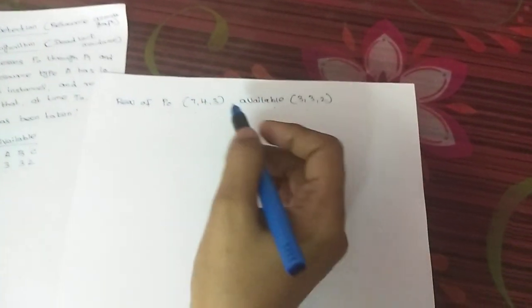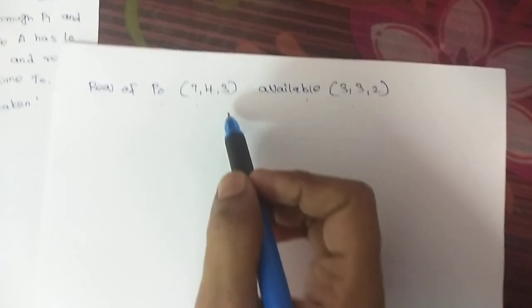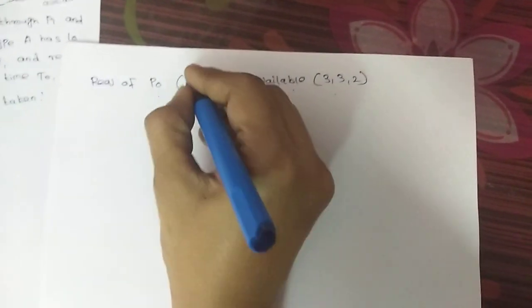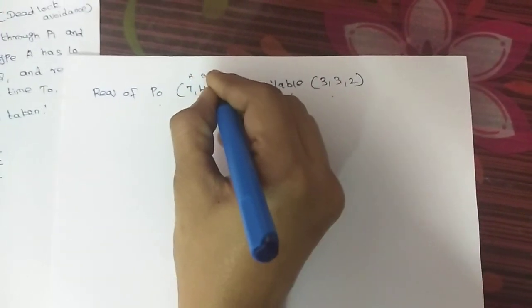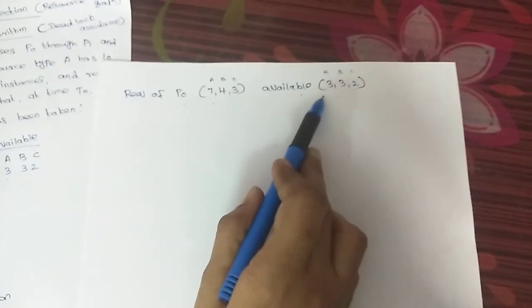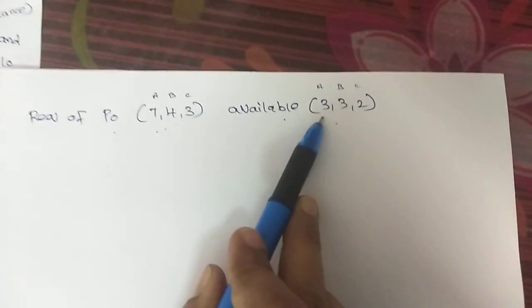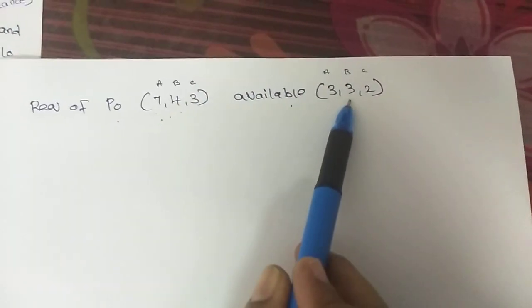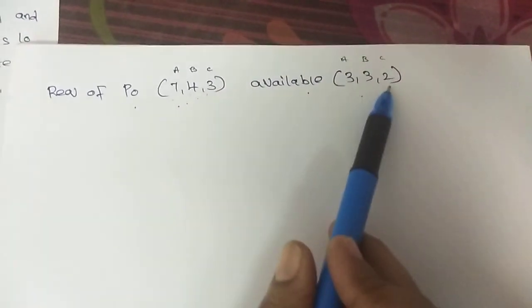Okay, first we are going to check this for this process. What is the need? That is A, B, C. This is A and this is B and this is C, and this is A, B, C. We are going to compare each and every resource type. 7 is compared with 3, 4 is compared with 3, and then 3 is compared with 2.